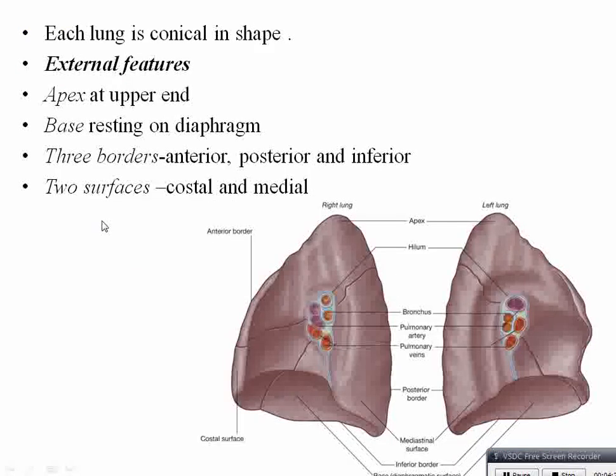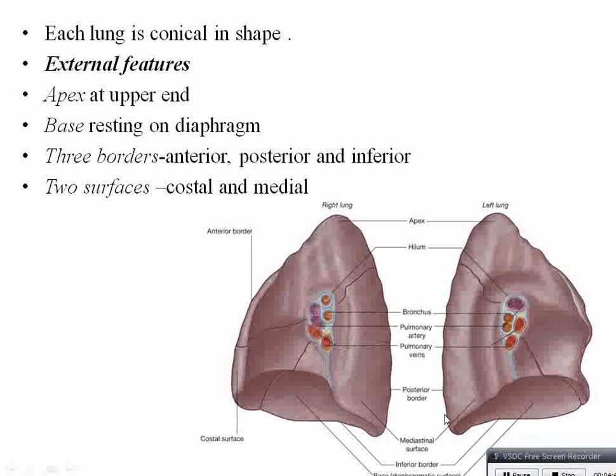Now it's almost conical in shape, and the external features are: it has an apex which is at the upper end of the lung, and a base which is resting on the diaphragm, and there are three borders: the anterior border, posterior border, and the inferior border.